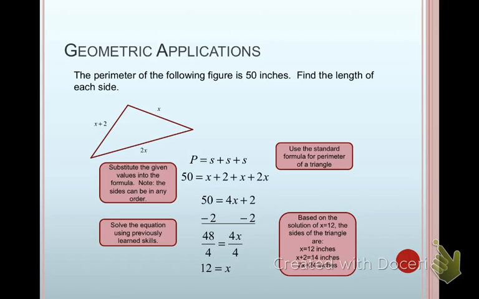So we find the other two sides by adding 2 to get 14 for the second side, and then multiplying by 2 to get the third side, which gives us 24 inches. So we have 12 inches, 14 inches, and 24 inches.